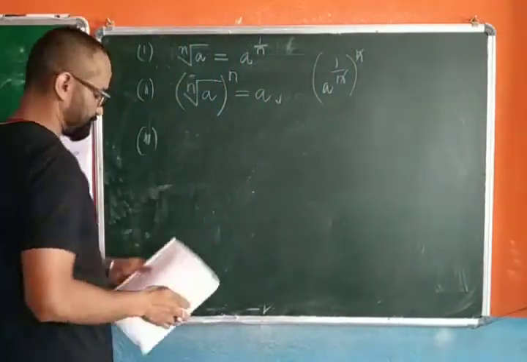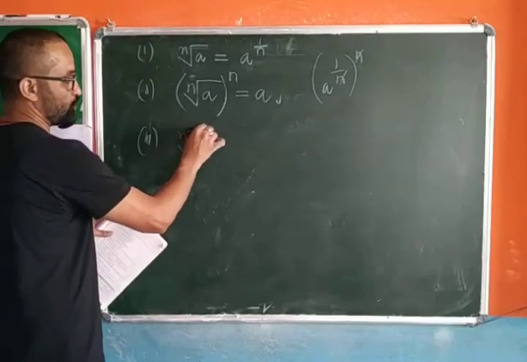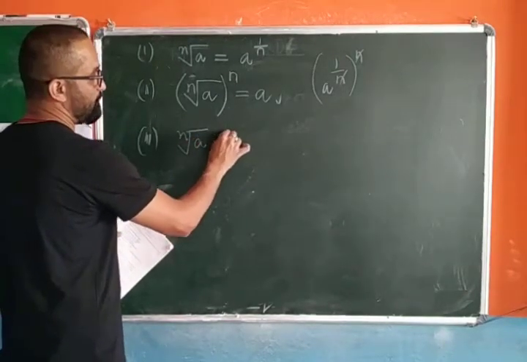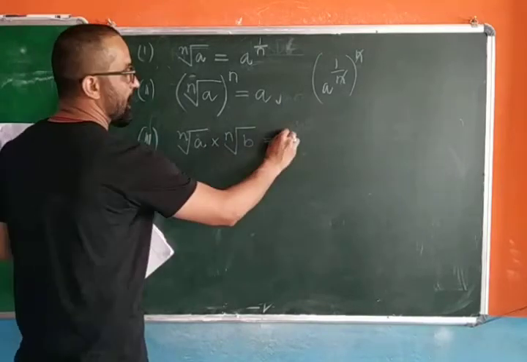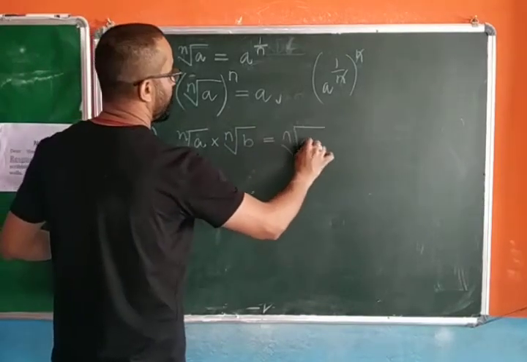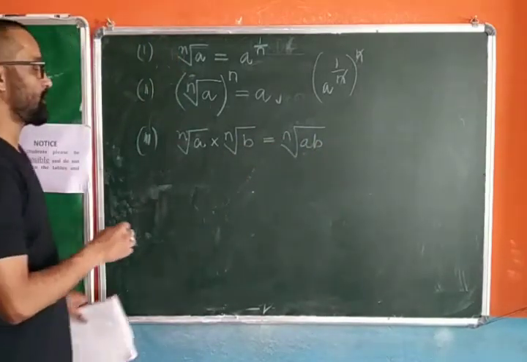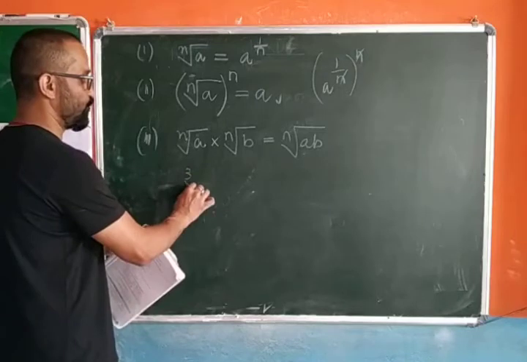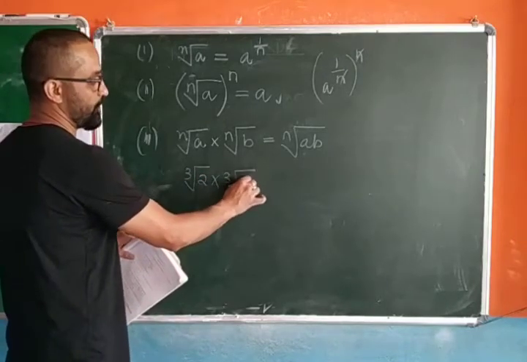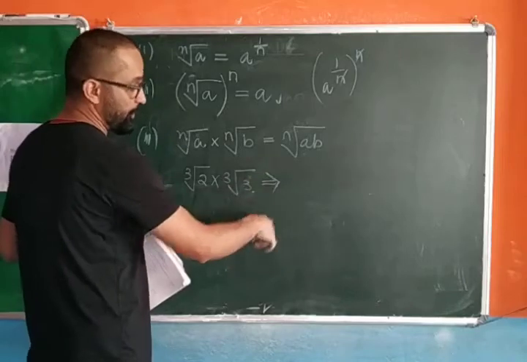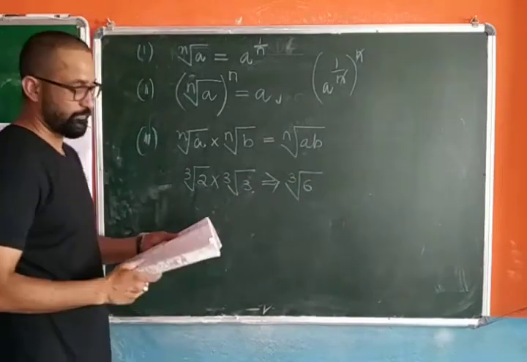Third one, nth root of a multiplied by nth root of b can be written as nth root of ab. Something like this. Suppose you have cube root of 2 times cube root of 3. Directly we can write it as cube root of 6.